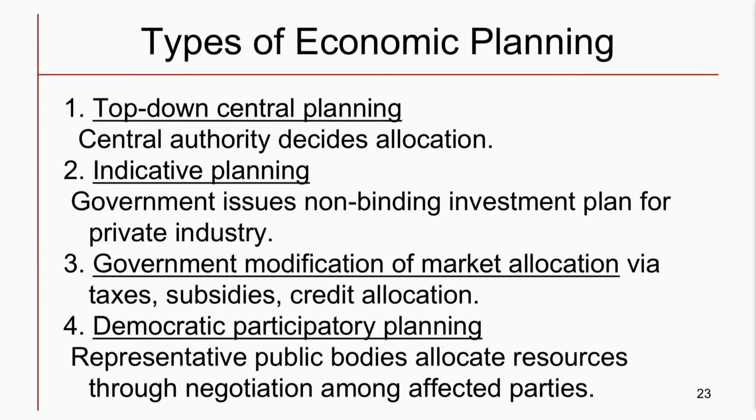Third, the government can modify market allocation in various ways for certain goals, using taxes, subsidies, and the government's control over who gets credit and at what interest rate. Our government, the US government, uses such methods to attain certain goals, such as to make it cheaper for people to buy and live in their own home.